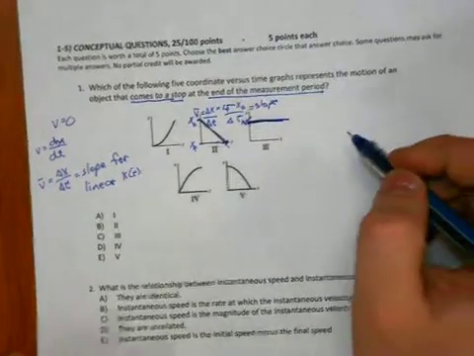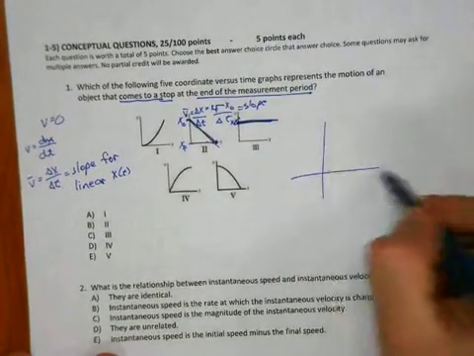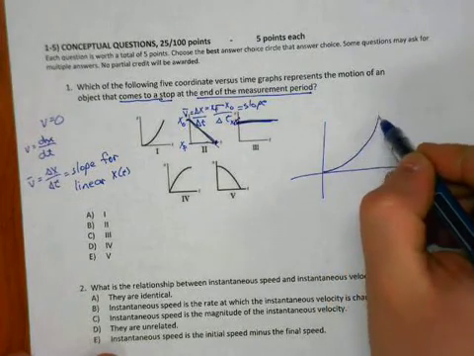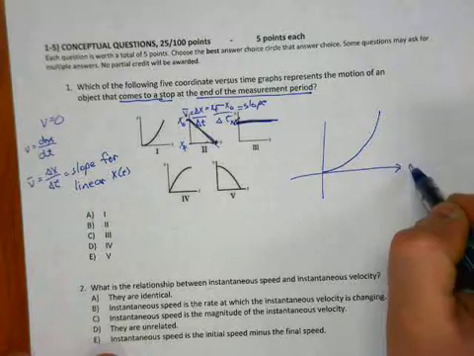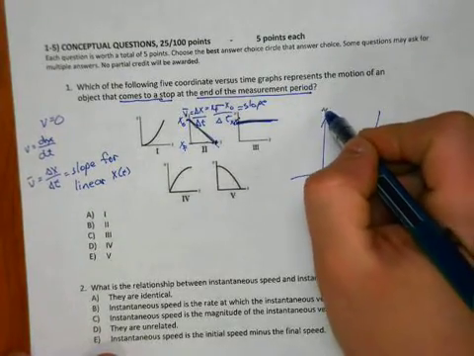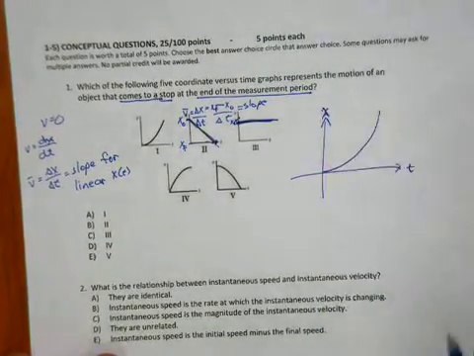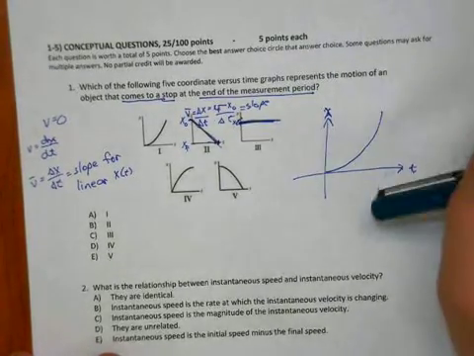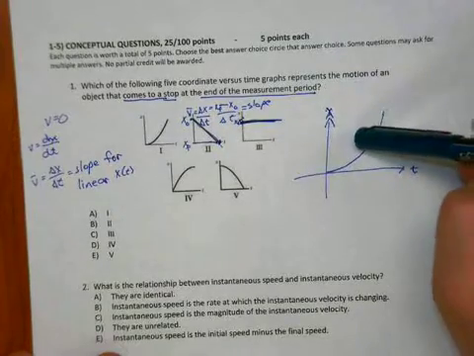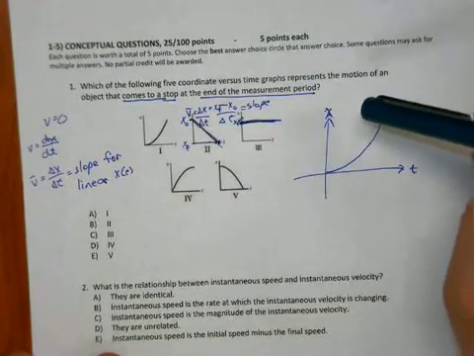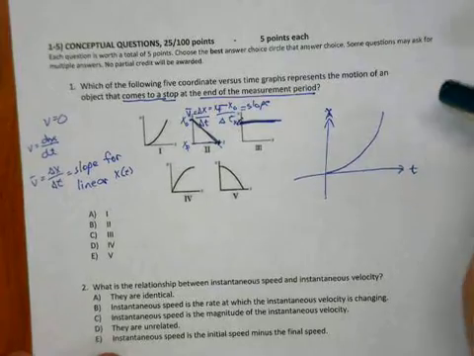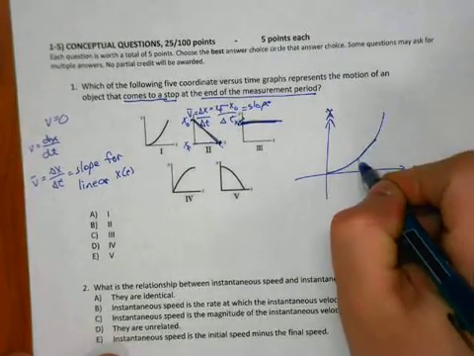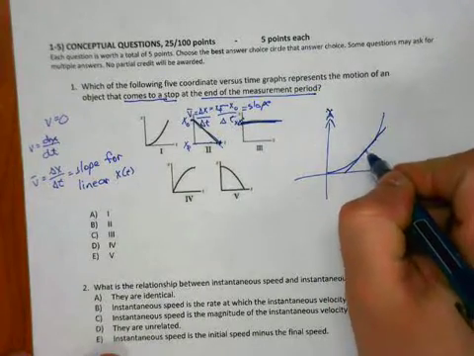Now, if we have a curved graph, like a simple quadratic, where this is time and this is x, we can't simply look at the average velocity or the change in x over change in t. We have to look at the derivative to give us an instantaneous velocity. And what that derivative gives us is the slope of the tangent line.